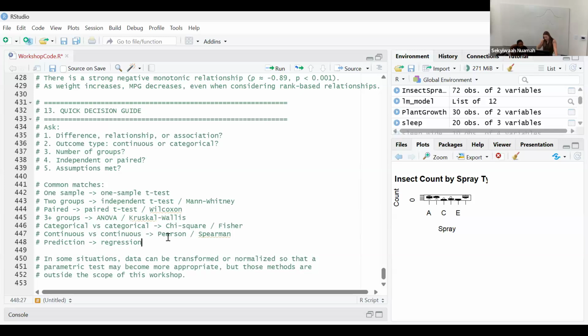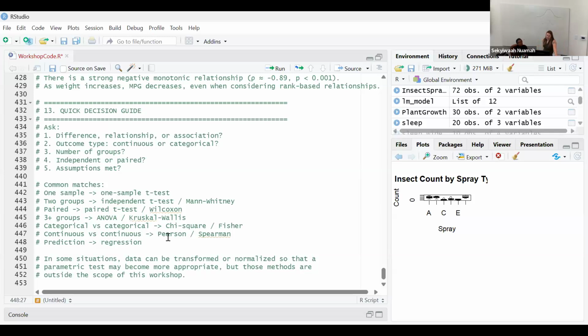And then finally, in some situations, maybe you want to use a parametric test because it's stronger than using a non-parametric test. So let's say you have non-parametric data, but you really want to use a parametric test.